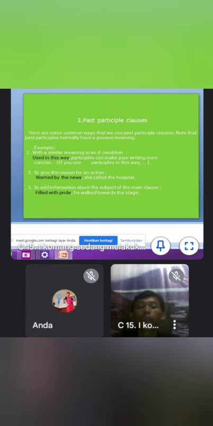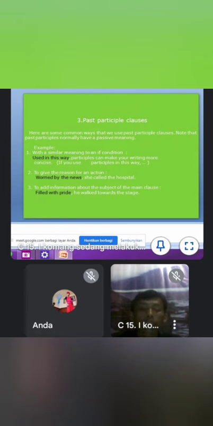For the past participle clause, we use the past participle. Note that the past participle normally has a passive meaning.